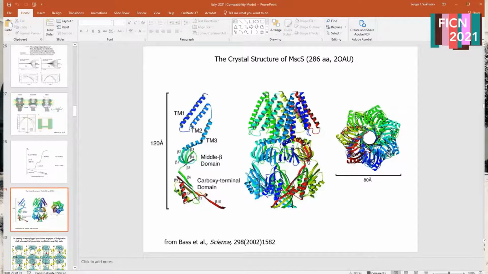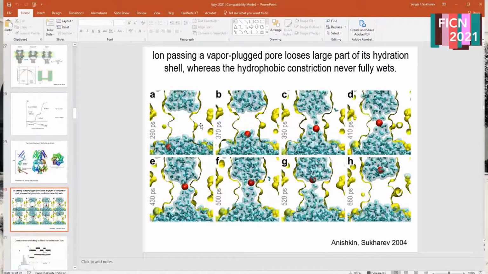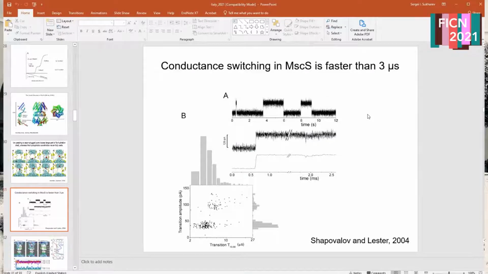When we started simulating it, only the transmembrane domain, and even a little bit curtailed because our computer power was very small, we started looking at the constriction, and we found that no, the water doesn't stay there. And when we tried to drag the ion across, it was very difficult. A huge force was required for that. So it is also de-wetted, and therefore wetting and de-wetting transitions must take place there.